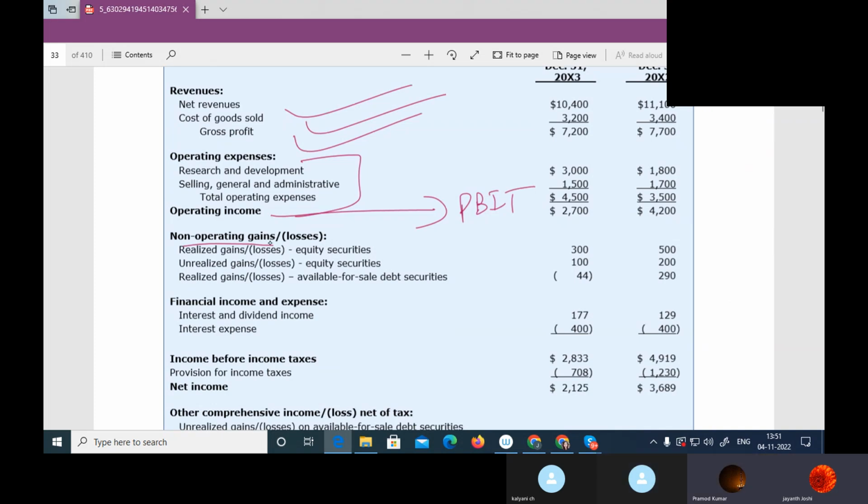Non-operating gains, realized gains, but there will be some standards with some rules. I will explain that afterwards. Unrealized gains or losses on equity securities: this is a special standard which we have to learn. When we enter the chapter called accounting for investments, I will explain that one.